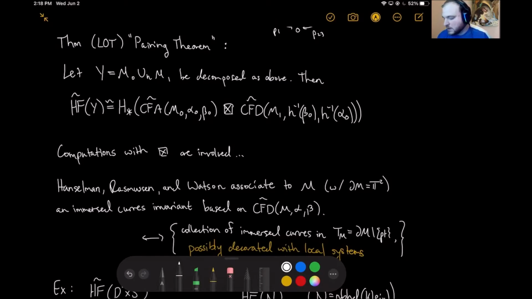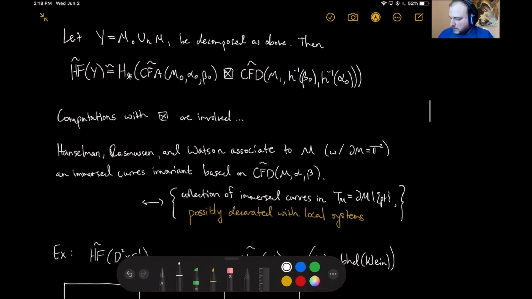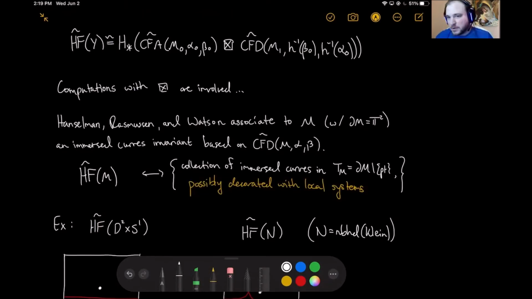So they take, for the type D structure at hand, something algebraic and code a lot of its information very geometrically. The notation for this will also be HF hat of M. This can be possibly confusing, but just know that if the argument in the parentheses is a closed 3-manifold or a manifold with torus boundary, that'll let you know which one we're referring to.